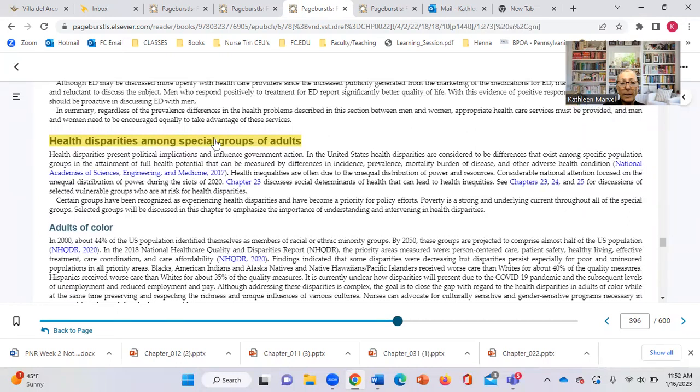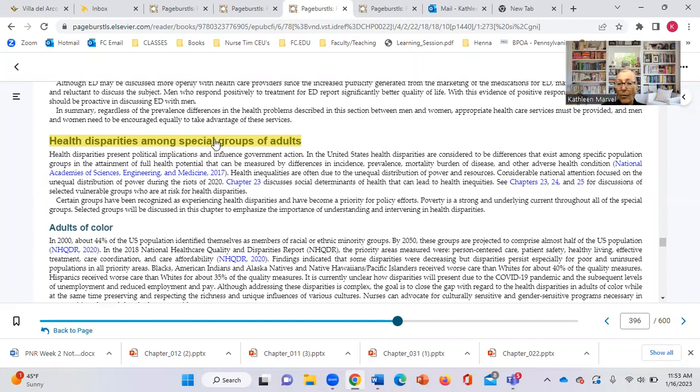What's a health disparity? Health inequities or disparities are often due to the unequal distribution of power and resources. So what groups have been recognized as experiencing health disparities have become a priority.